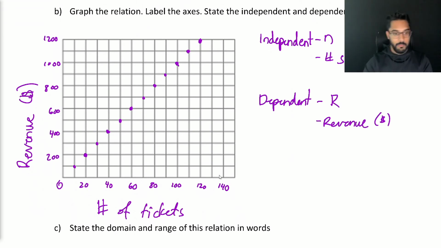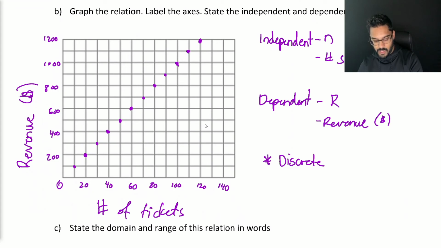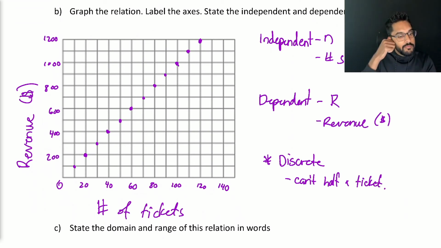Now, this data has to be discrete because we can't sell half a ticket. I could really sell any number of tickets I want up to 120, but I can't sell half of a ticket.